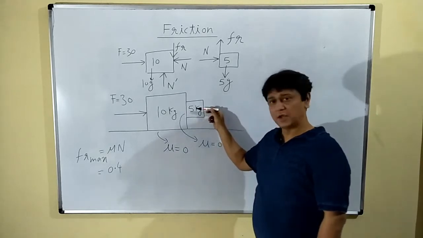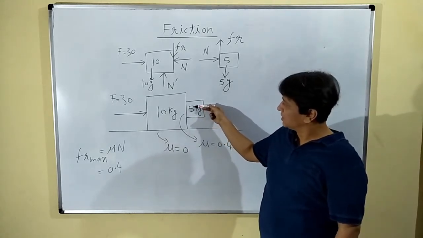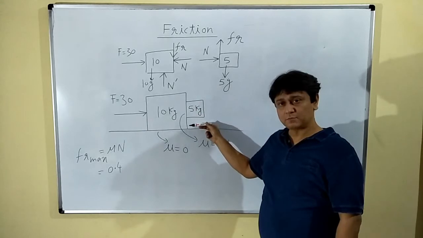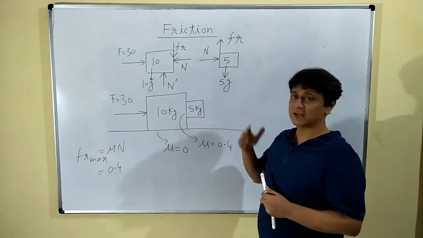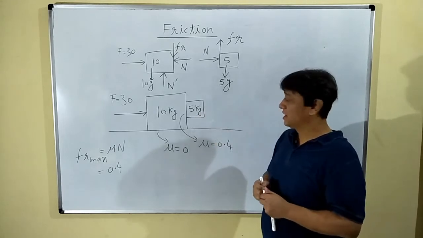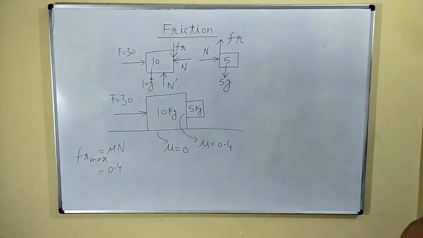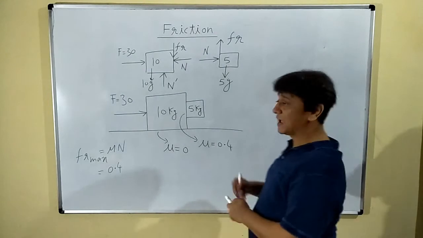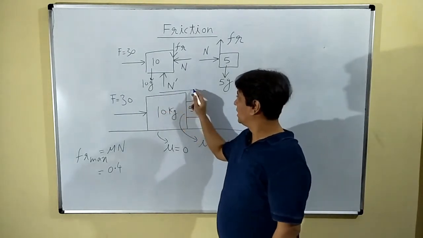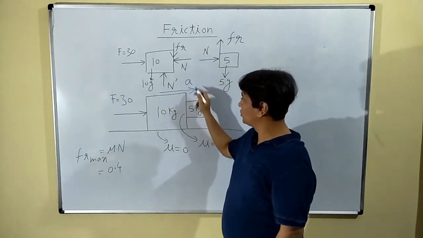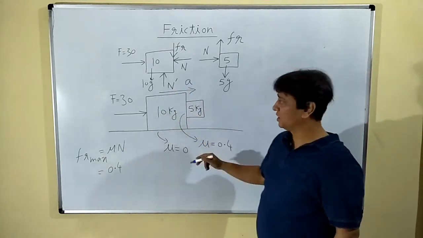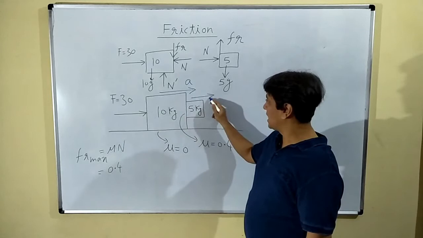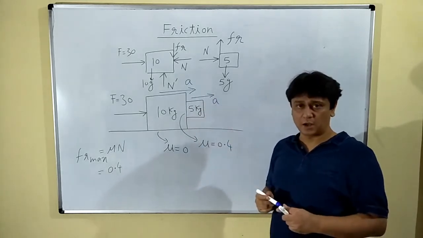Whether this 5 kg block slips or not, we know its horizontal acceleration: if the horizontal acceleration of the 10 kg block is a, then the 5 kg block's horizontal acceleration is also a.